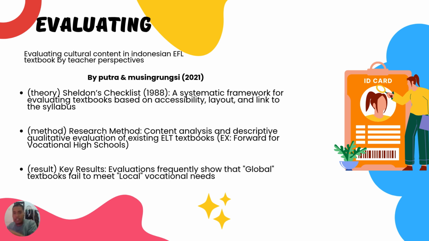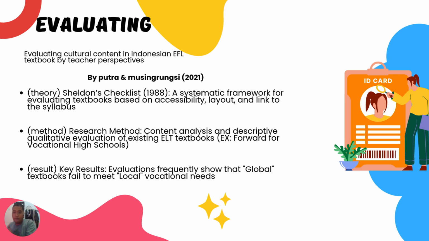There's also pedagogical effectiveness, the theory that evaluation should not just be about what is in the textbook, but also how the book facilitates learning. Don't limit yourself to just what is in the book.